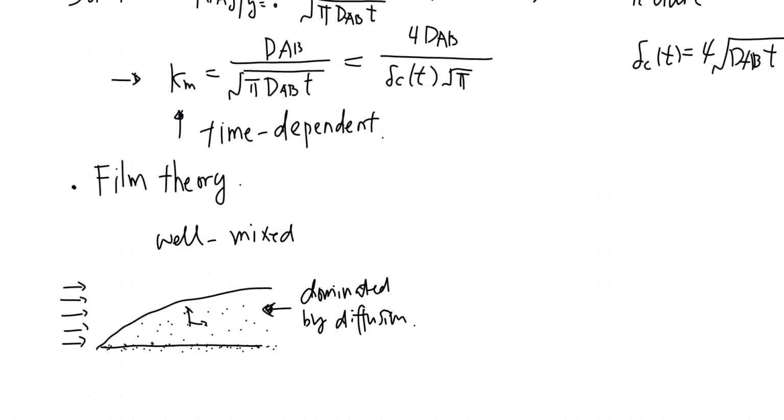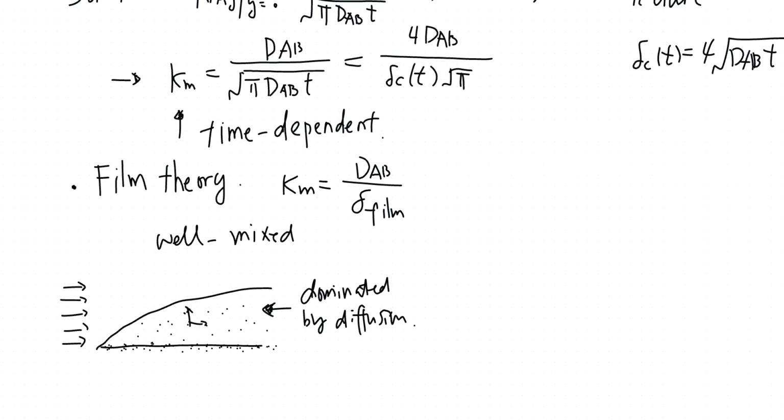So we are going to write out the mass transfer coefficient in the framework of film theory. Under film theory, we can write the mass transfer coefficient as the diffusion coefficient divided by delta film, where delta film is the thickness of the film.